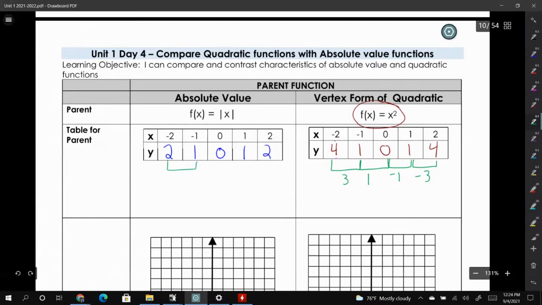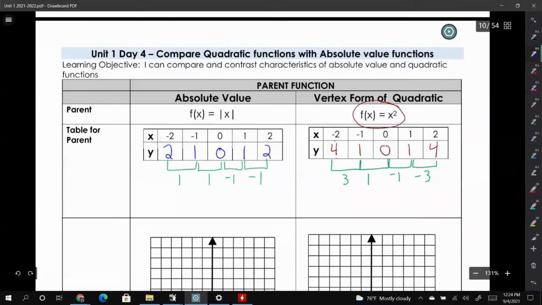Okay, 2 minus 1 is 1, 1 minus 0 is 1, 0 minus 1 is -1, 1 minus 2 is -1 as well. So we see it's 1, 1, -1, -1. It's the same number, just different signs. Whereas the quadratic function, it went 3, 1, -1, -3.